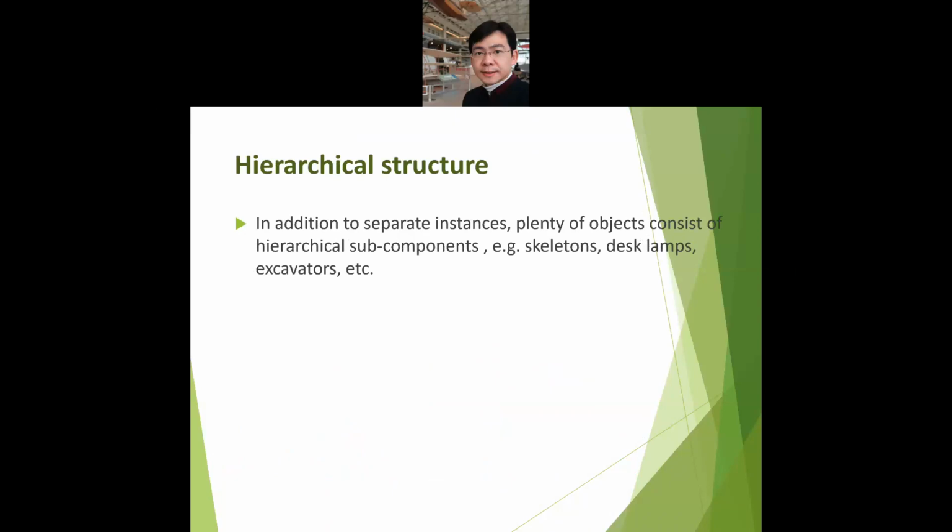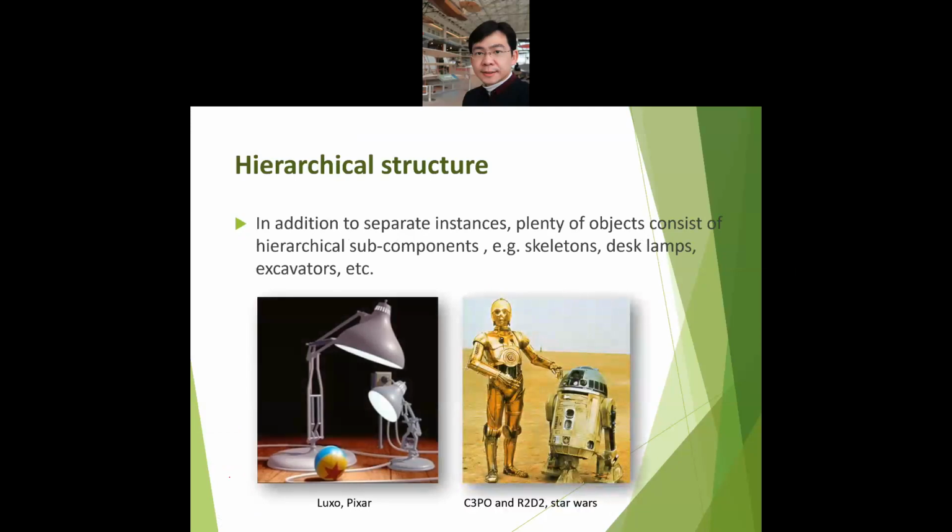However, sometimes we cannot simply use SRT to accomplish some more complex objects. In a lot of cases, such as on the left-hand side, for instance, when you take a look at Pixar's movie, right? Sometimes you have the Pixar lamp that will jump, boom, boom, boom, and become its eye, right?